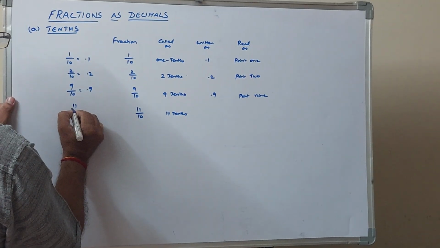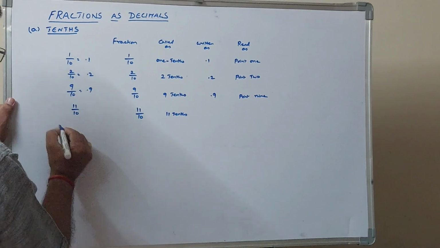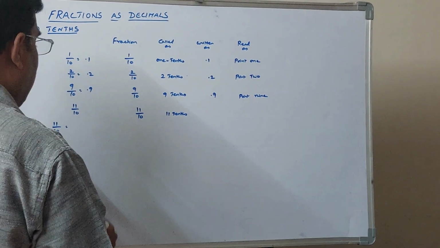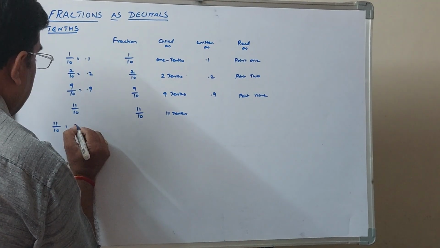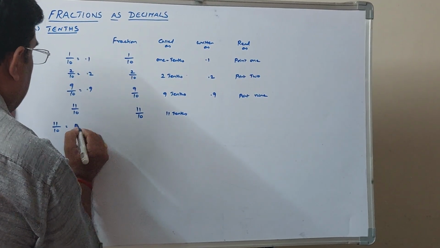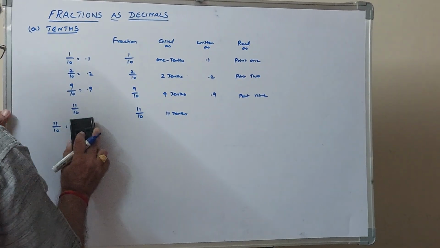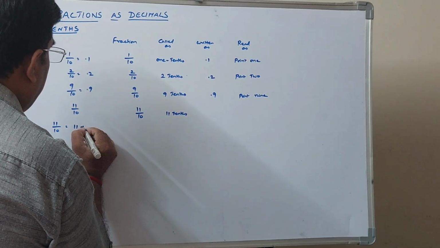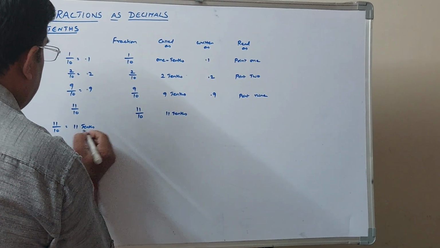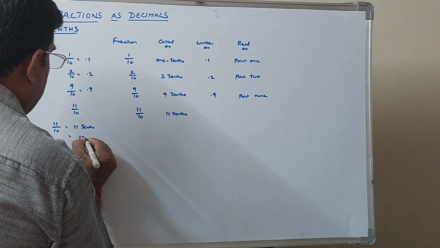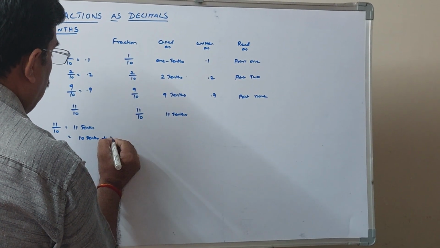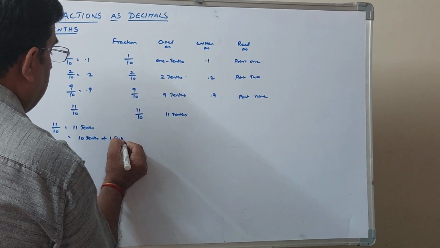So 11 by 10, understand clearly, 11 by 10 is equal to 11 tenths. It is called 11 tenths. We can write 11 tenths as 10 tenths plus 1 tenth.